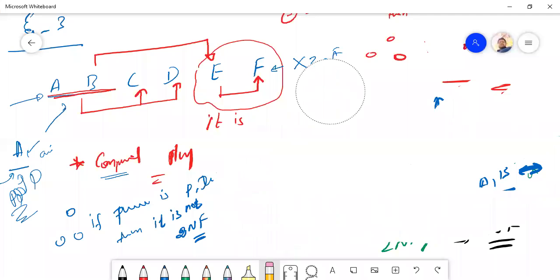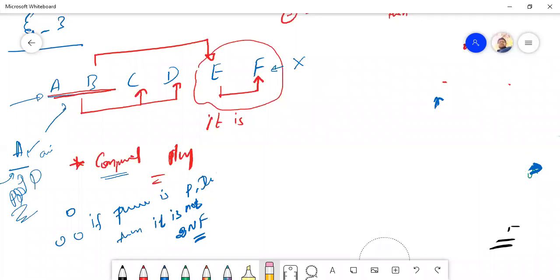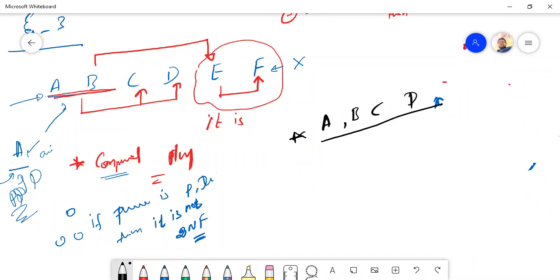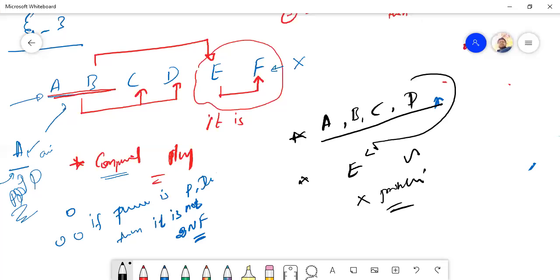So you may ask why E can simply be taken when it is not completely depending on the primary key, no. If you find the primary key like this, ABCD composite primary key, and E is depending only on D, then that is done. No problem, right? Somehow you must connect that one.